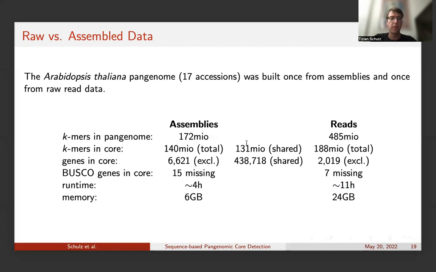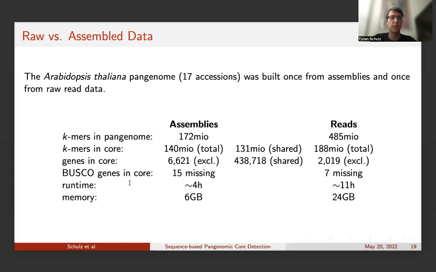But then, if we look on the result, we see that the result is actually quite similar, no matter if we use assemblies or reads. So most of the k-mers inside both cores are shared, and there's only few k-mers more inside the read graph compared to the assembly graph. On the level of genes, also most of the genes are shared.